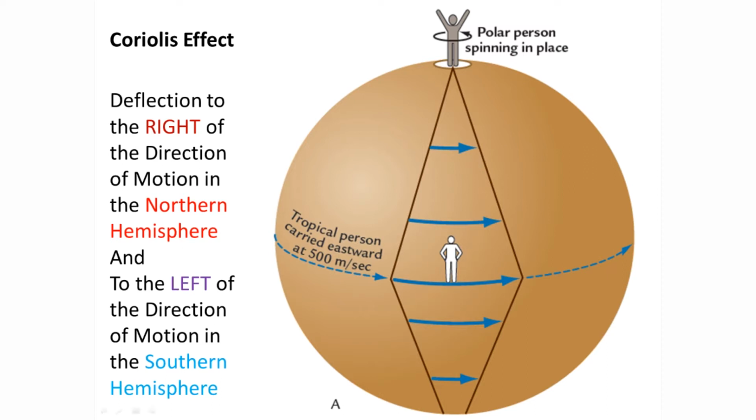Because the earth is a sphere, each point makes one circle in 24 hours. The equatorial point has to move a lot of distance in 24 hours, so it will move much faster, almost 1000 miles per hour, compared to a point away from the equator, which will move slower and slower because it is covering less and less distance as it gets away from the equator.